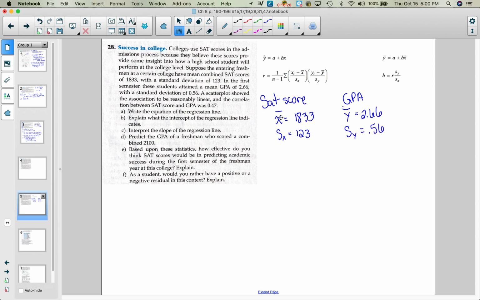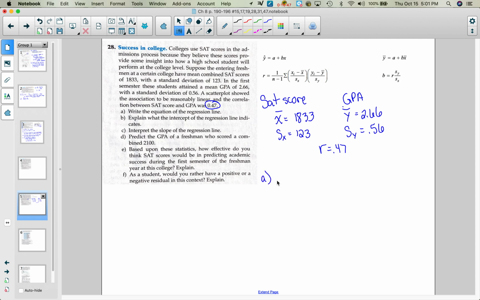Now, I'm using X bar and Y bar and not SAT or GPA, because that's what our formulas have. So it's just going to be easier for us to compare. They tell us the correlation is 0.47. So notice they're telling me the value of R. I've got all the stuff I need to build my equation.